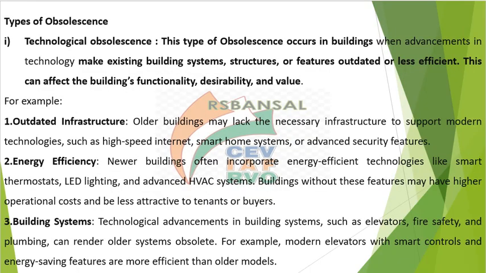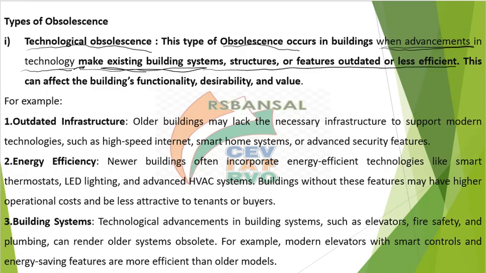So what are the types of obsolescence? There are many types of obsolescence. First one is technological obsolescence. Why does this occur? This type of obsolescence occurs when advancement in technology makes existing building systems, structures or features outdated or less efficient.